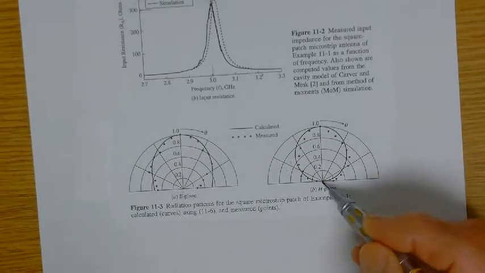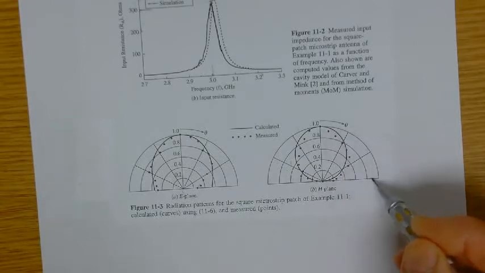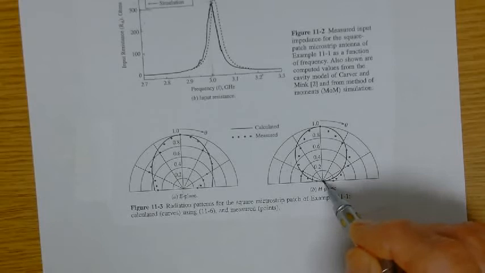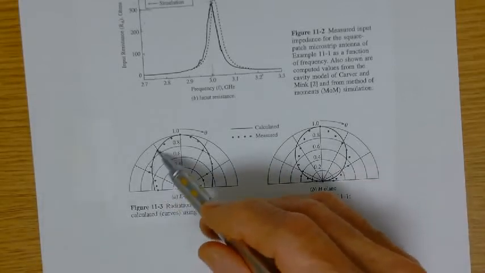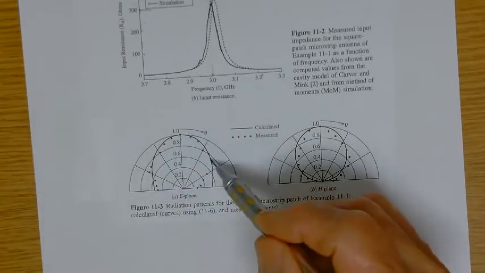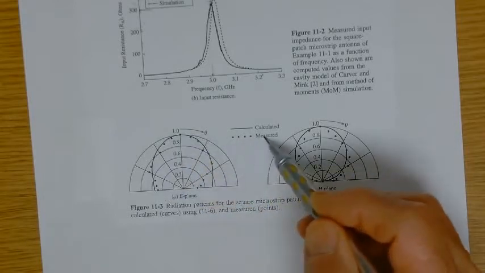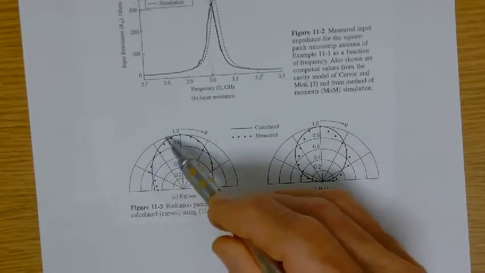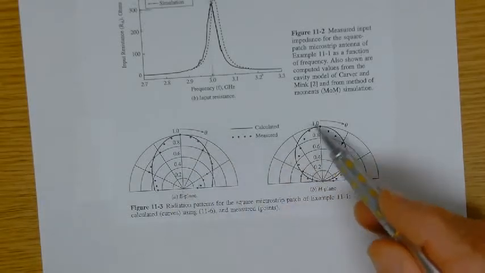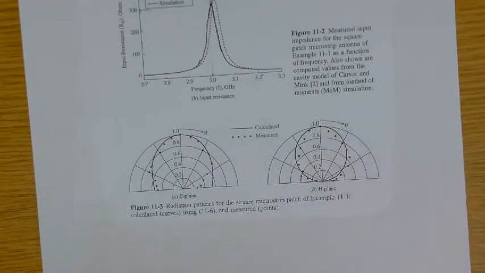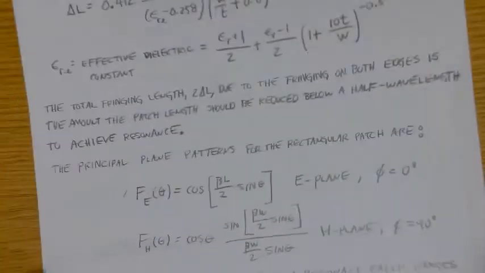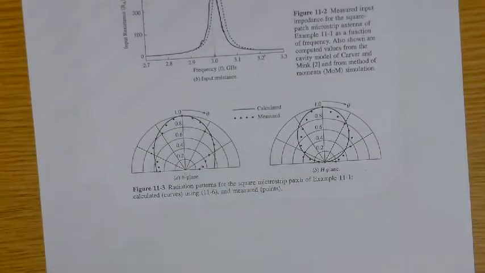Notice that the H-plane pattern goes to zero at theta equals pi over 2, or in the plane of the patch. Those are the little formulas that we had. It was a solid line, and then the dots are the measured data. So it tracks pretty good. Not really great, but these formulas give a reasonable representation of the pattern.